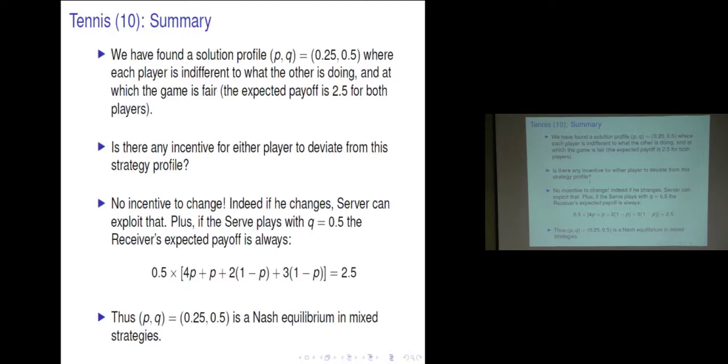Yeah, good question. So here, this pair, unlike the pure strategy. Pure strategy will say forehand or backhand, only two choices.